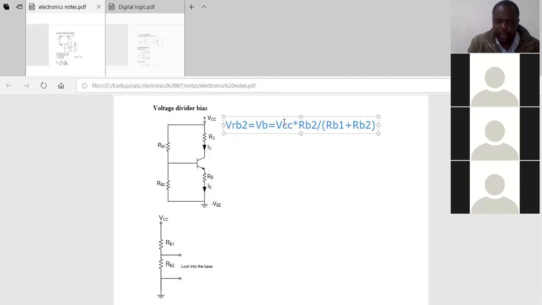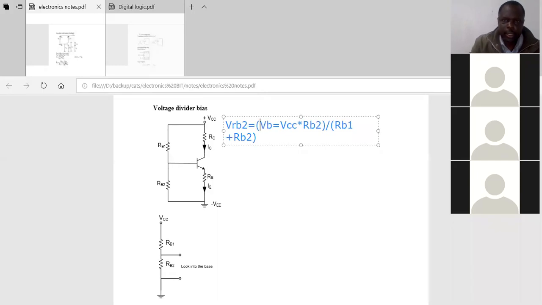And then you put both of them in brackets like this. That's how you get the voltage VRB2, and which is VB actually. Sorry, the brackets are supposed to appear here.